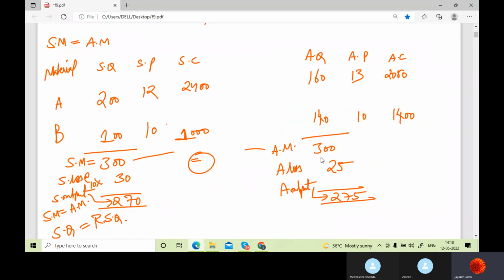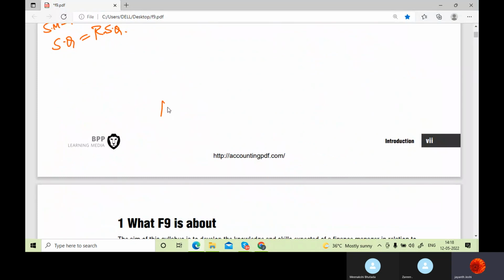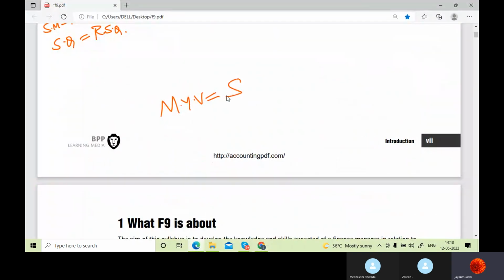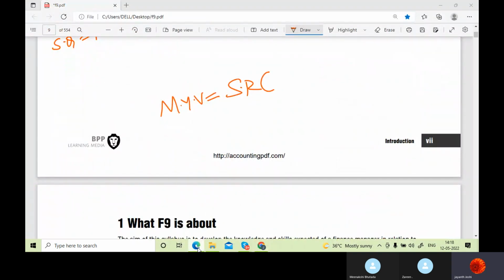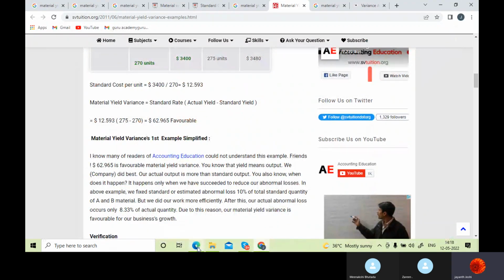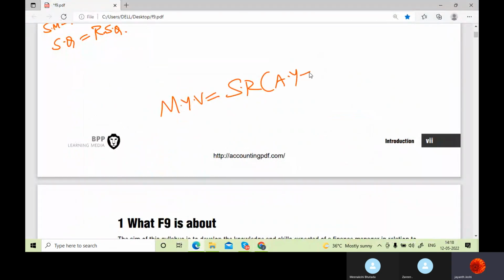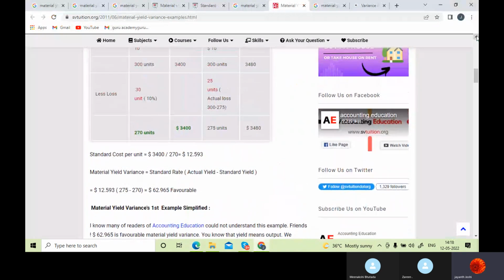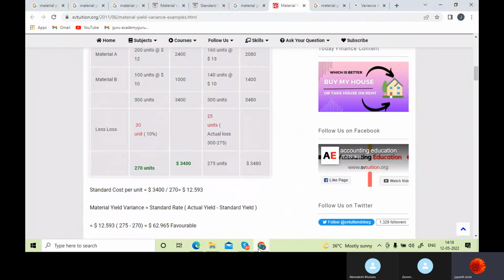Material yield variance is equal to, the formula is, standard rate into actual yield minus standard yield. So what is the standard rate? Let us find out the standard rate.